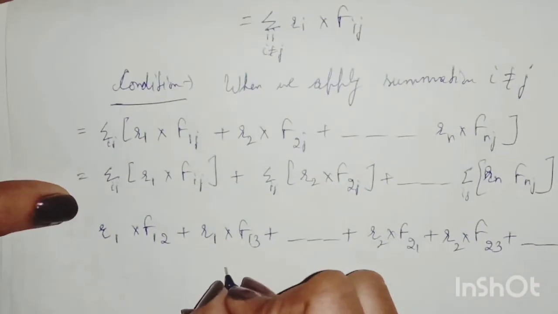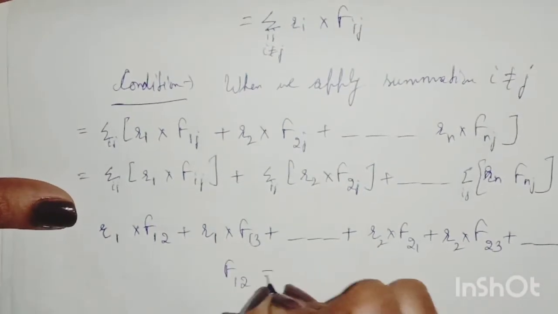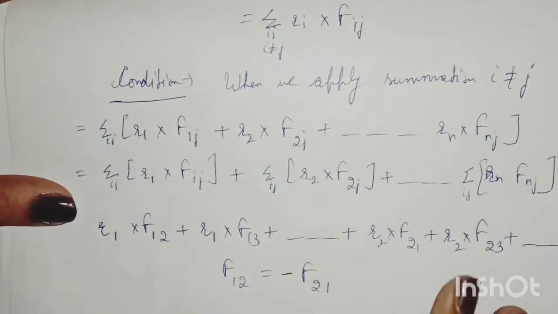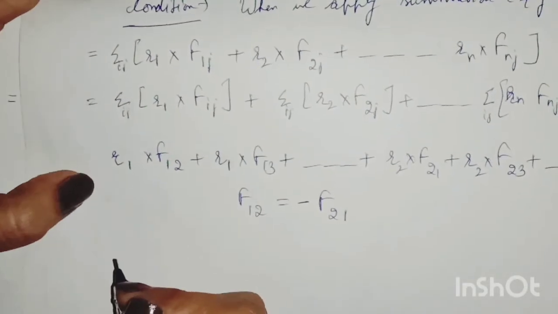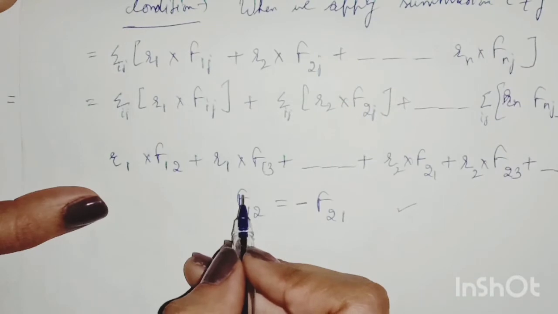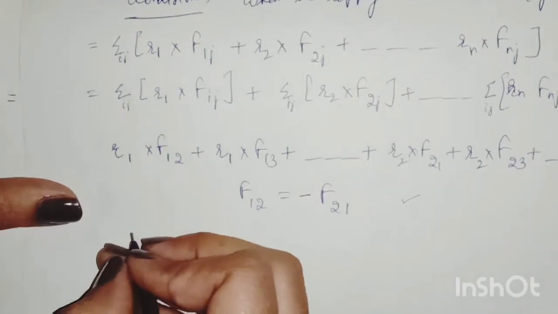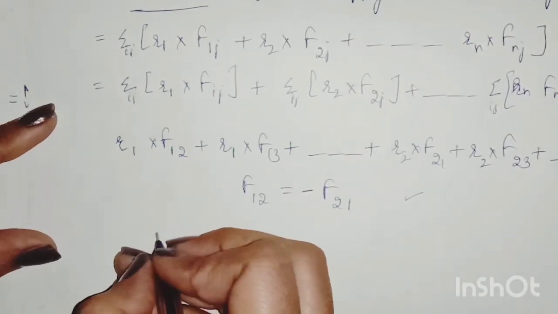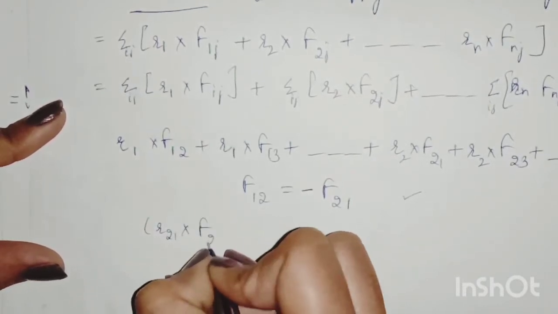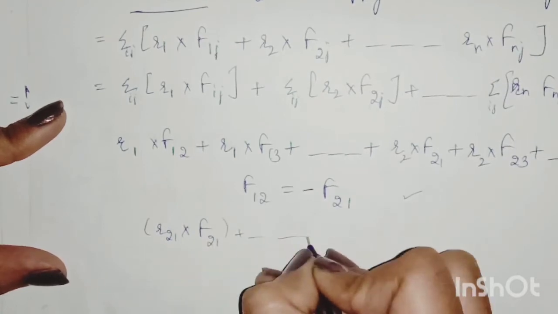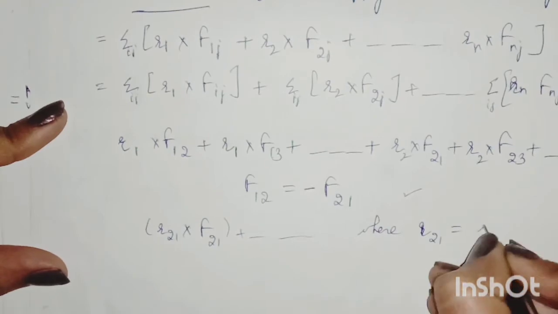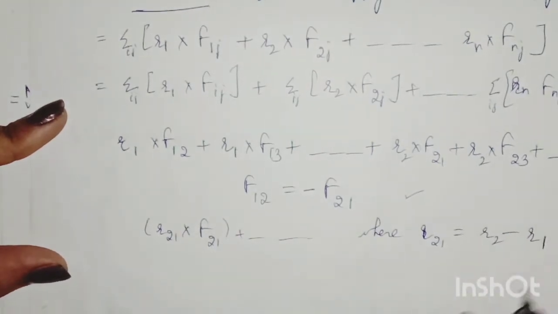So we can write F12 is equal to minus F21, because of Newton's third law of motion. So R21 cross F21, where R21 is equal to R2 minus R1.